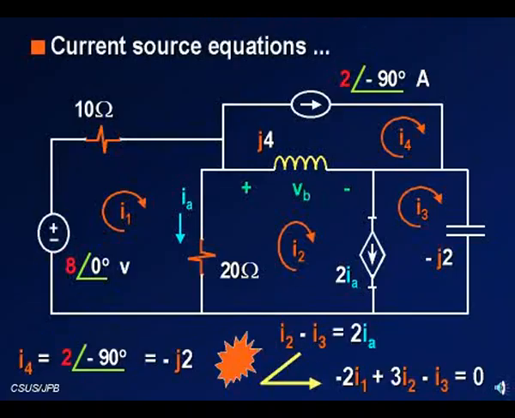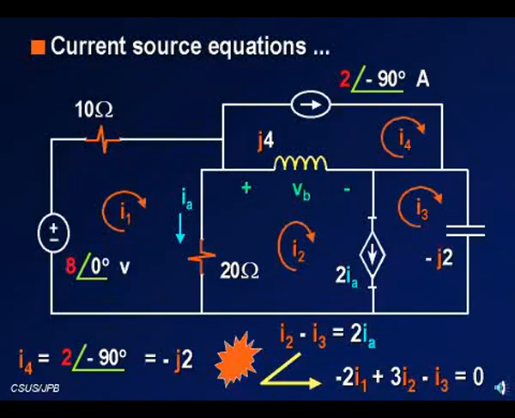First, we deal with the current source equations. We get I4 is equal to 2 with an angle of minus 90 degrees. Typically, I convert this to rectangular form, and that gives you minus j2. For the dependent source, we get an equation. We know I4 at this point, and I'm just going to use the value minus j2 for I4.